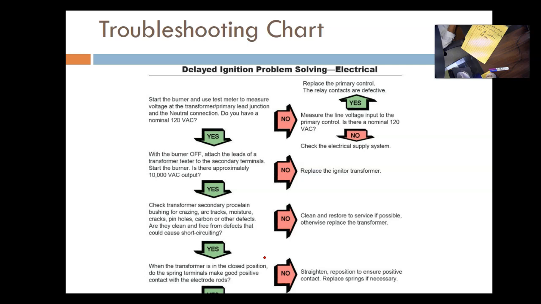Here are some of the troubleshooting charts, and these are excerpts from the NORA book, and they have a lot of nice charts to try to find what could be the problem. First thing, check the voltage incoming. That's a very big thing because a lot of people do not check that. Make sure you have 120 volts AC. You can check the output using a special voltmeter.